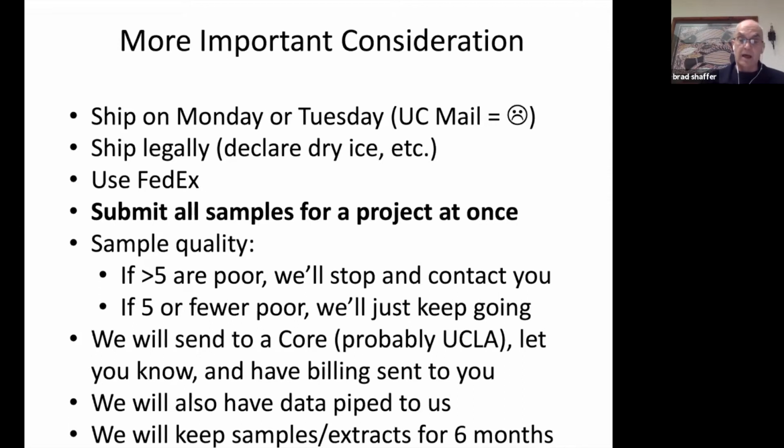We will also have that data made available to us. We will download it and push it through the CCGP pipelines. Like most core facilities, we'll keep samples and extracts for 6 months. Assuming everything goes fine, there's no reason to keep those anymore. We will then dispose of them.